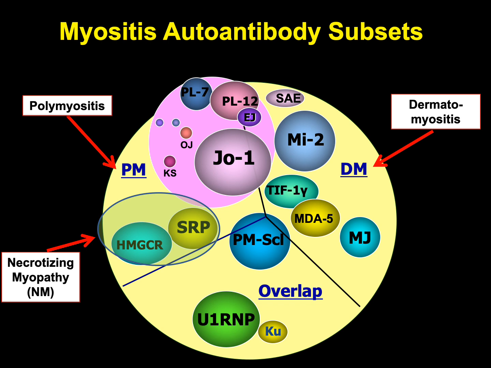Similarly, in polymyositis, one of the major autoantibody circles is anti-synthetase syndrome, which is a purple circle under which there are many anti-synthetase antibodies. There are currently 8 anti-synthetase antibodies that are known, with Jo1 being the most prominent of those. Under necrotizing myopathy, we have 2 antibody subsets, SRP and HMGCR antibody. And there are a few antibody subsets under overlap myositis.